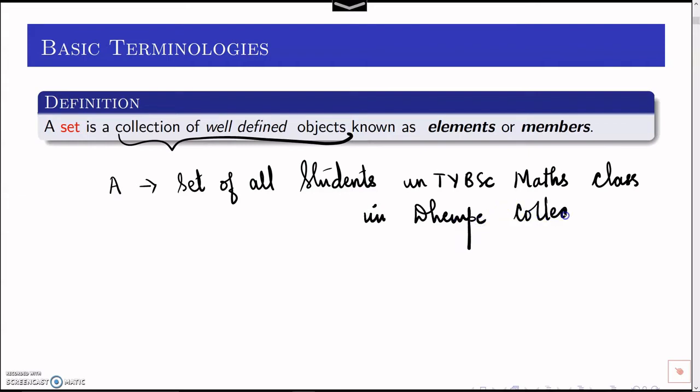In this set, all the students who are studying TY-BSc mathematics in Dempe College are going to come. Now let's say one more set. I'll pick up a set B, the collection of all the states in India.